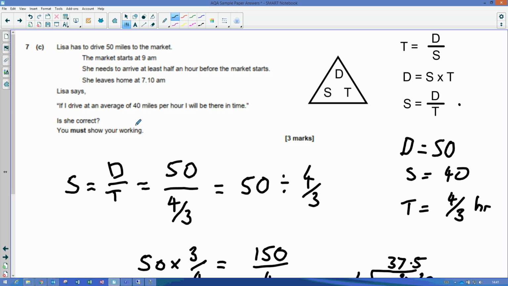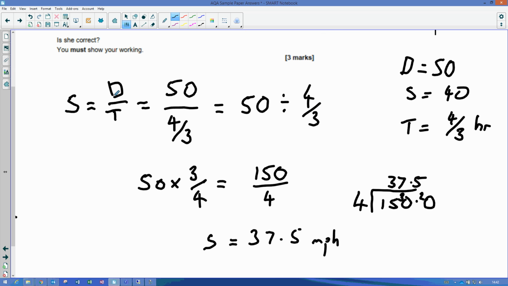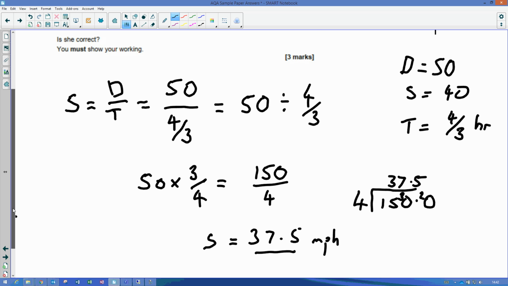So, have we answered the question? Not quite. We're still trying to see, is this true? Lisa said if she drives an average of 40 miles an hour, she'll be in time. We've just worked out that if she wants to travel 50 miles in 1 1/3 hours, an hour and 20 minutes, she needs to go at 37.5 miles an hour.